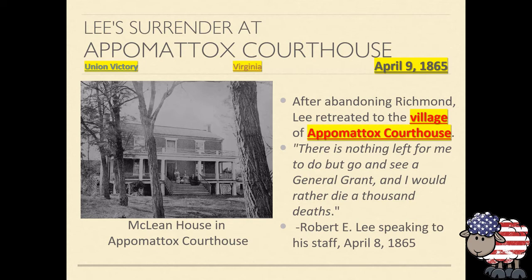My land is ruined, and I'm just going to find a new place to live. So he moves to Appomattox Courthouse. So the war literally started at his property and ended on his property. Not literally began, but one of the first significant battles, the first Battle of Bull Run after the attack on Fort Sumter. So I thought that was pretty interesting.